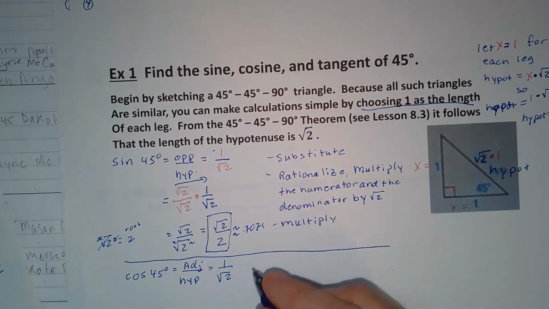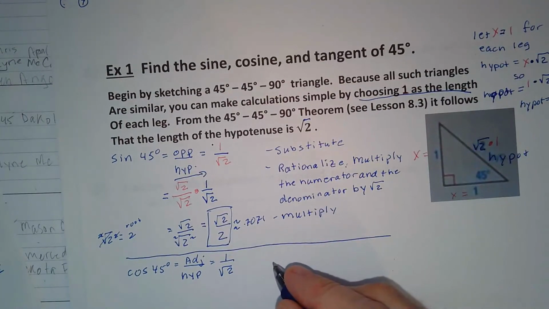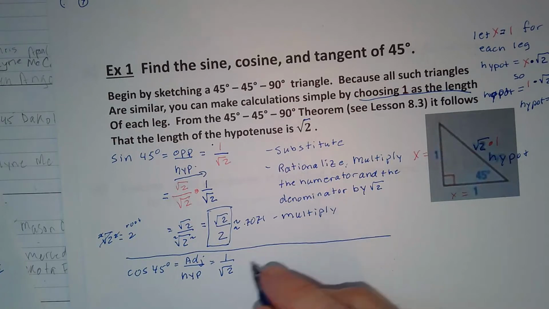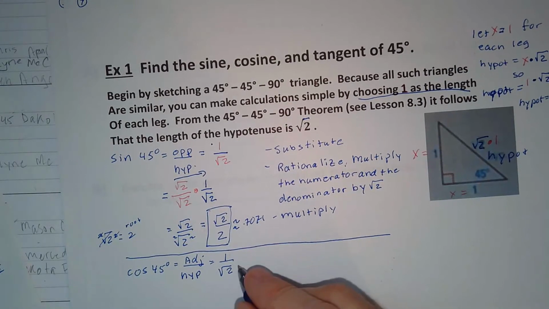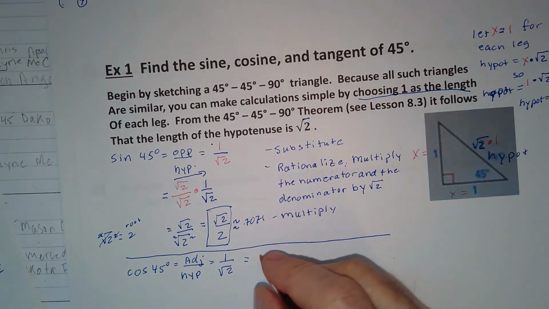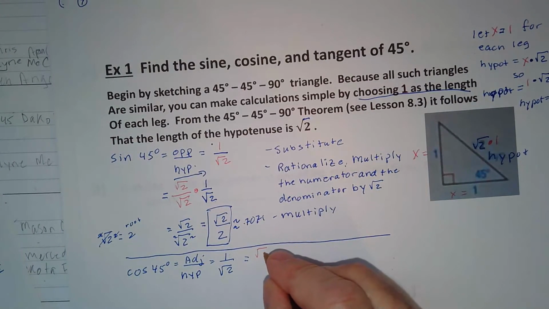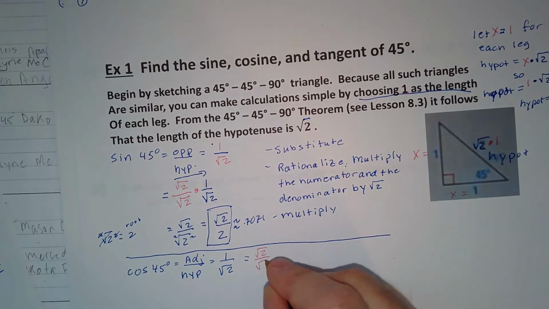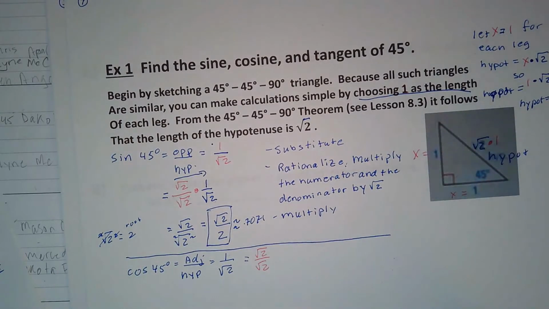So we just have to go through the same rationalization, right? So we'll rationalize this number, and we'll do so by multiplying the numerator and the denominator by the square root of 2 times the square root of 2.